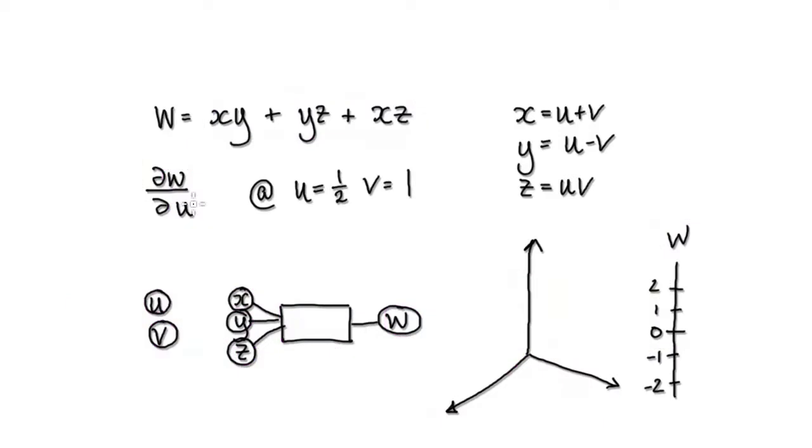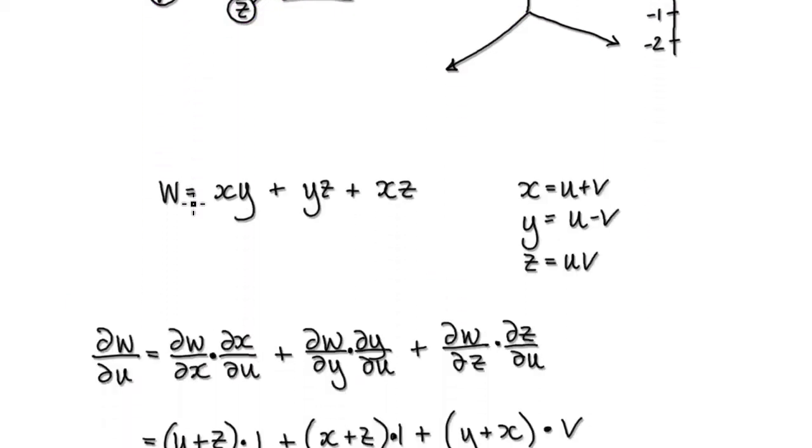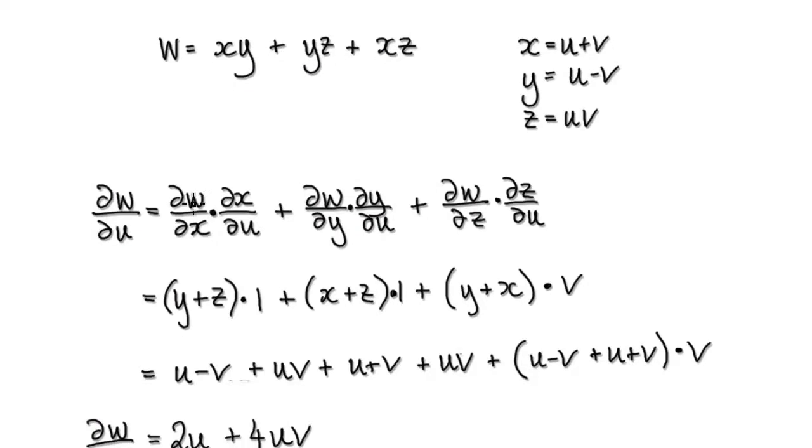So the first step, using the chain rule: if you want to work out the partial derivative of w with respect to u, then consider the x direction, the y direction and the z direction. In the x direction, you've got to multiply by the partial derivative of x with respect to u.